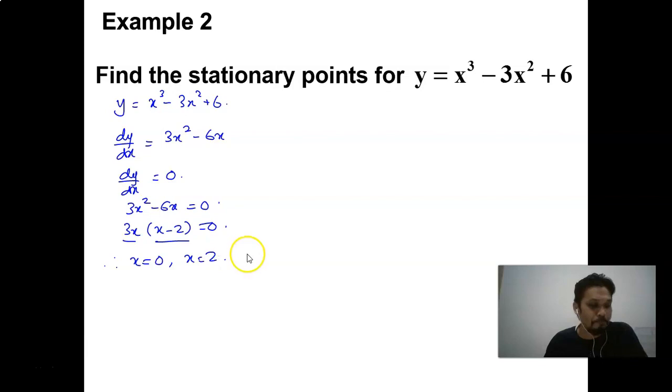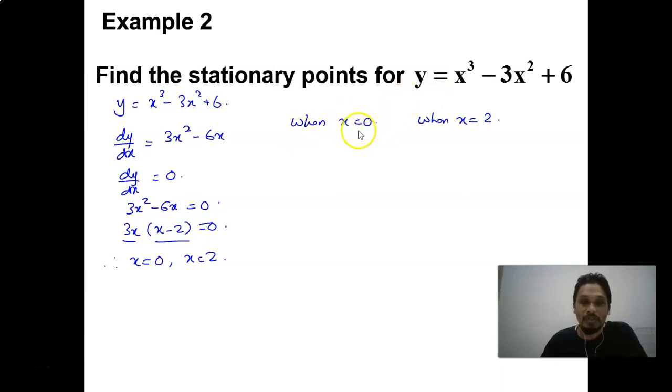By the way, we are going to find what we call the stationary points of this, when x equals 0 and when x equals 2.